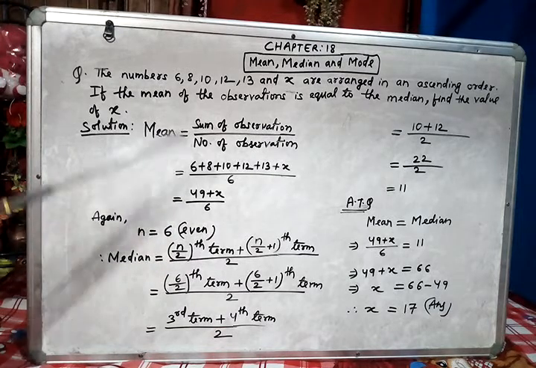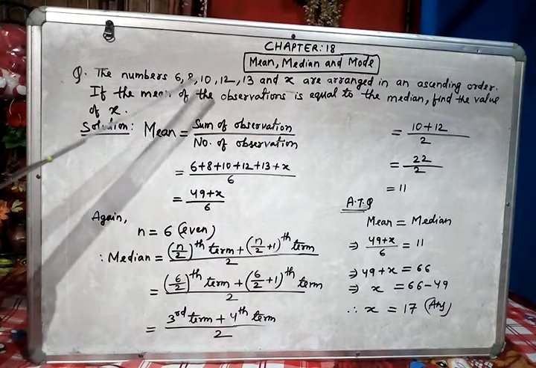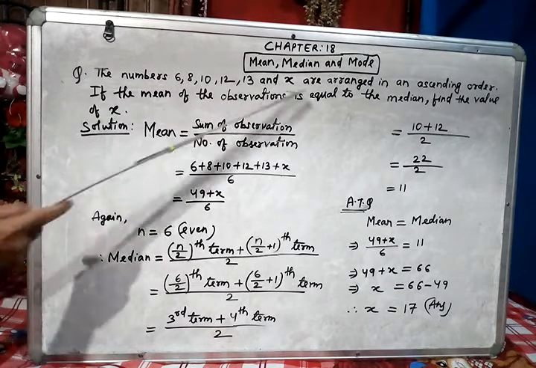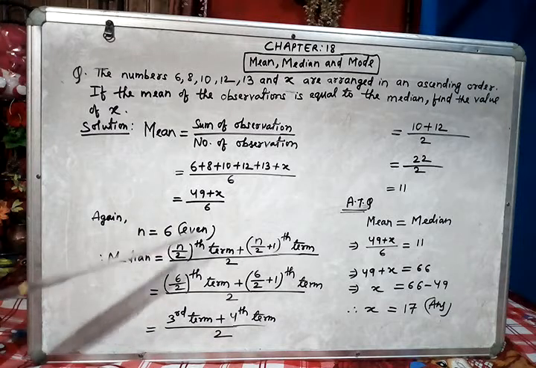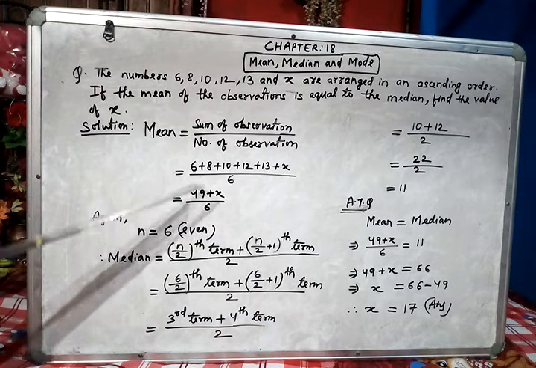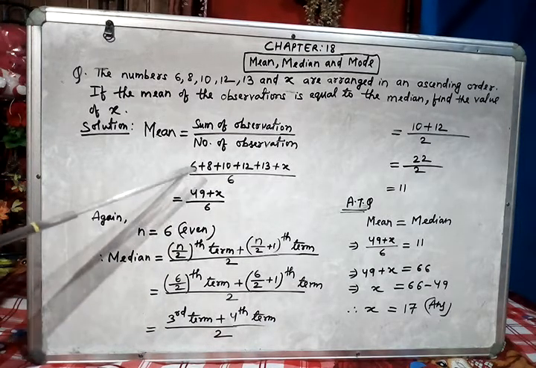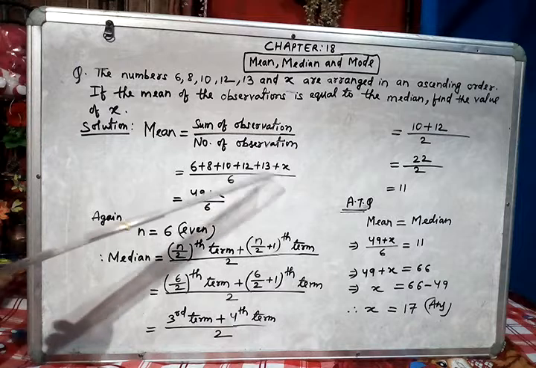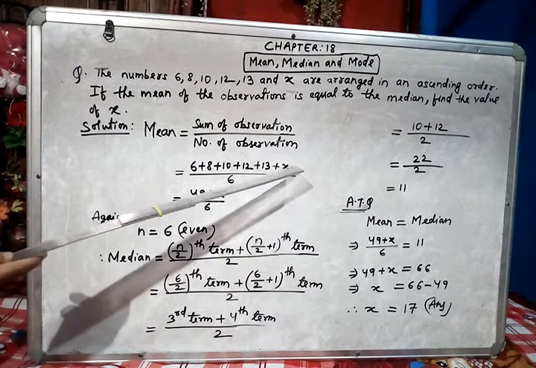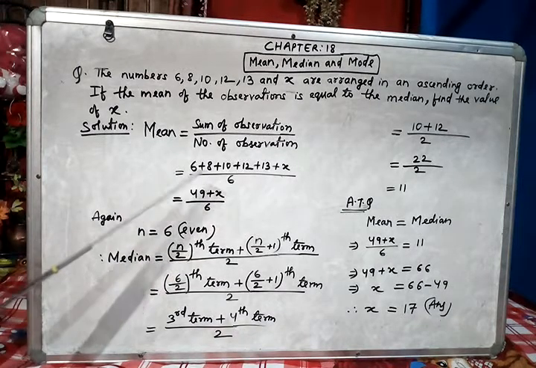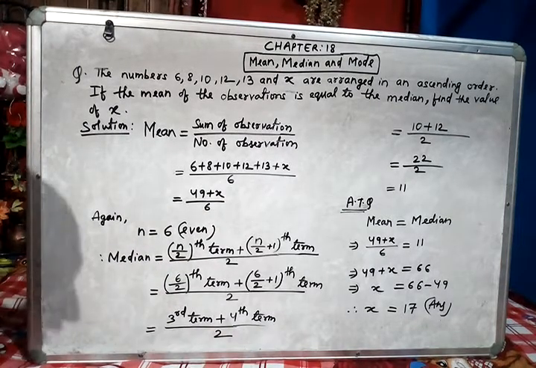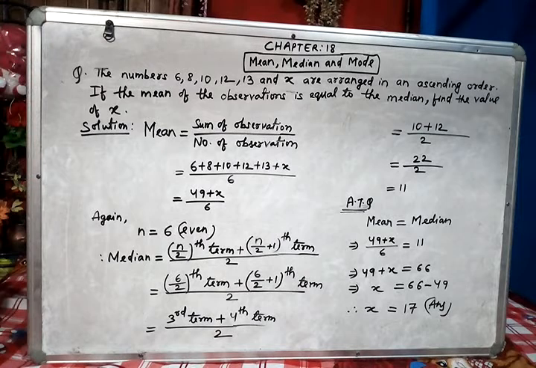Number of observations means how many numbers are there: 1, 2, 3, 4, 5, 6. There are 6 numbers, so we divide by 6. Now 6 plus 8 plus 10 plus 12 plus 13 is 49, and x cannot be added with a number. Like 1 mango plus 2 mango is 3 mango, but how can we add apple with mango?